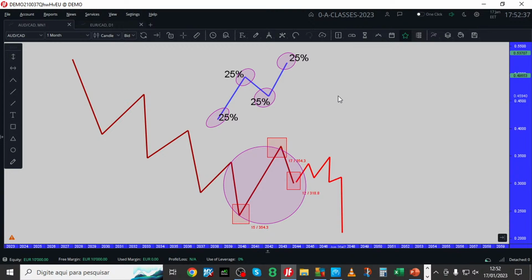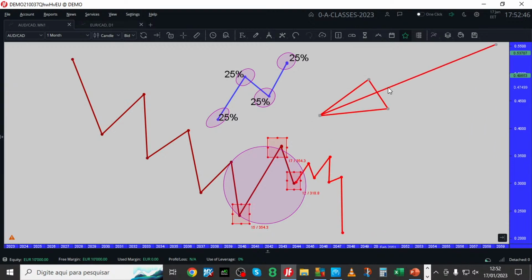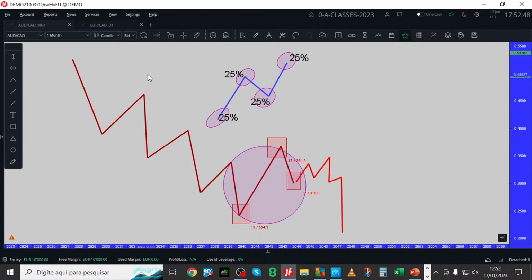Or as Mike said correctly, maybe you can buy, but it's higher risk. Why is it higher risk? Because it's not confirmed. Right? You are going to be sick and tired, everybody, of me telling you this is all about probabilities. It's a probability profession. Probabilities, probabilities, probabilities.